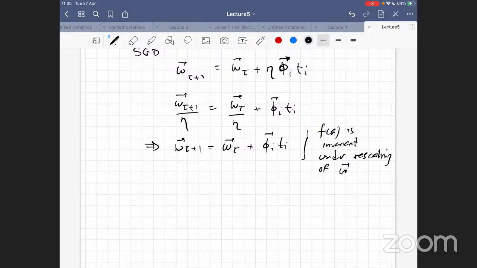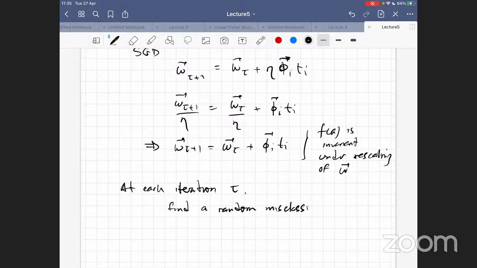Okay, so what this implies is that at each iteration tau, you find a random misclassified point, and do the update as the following.